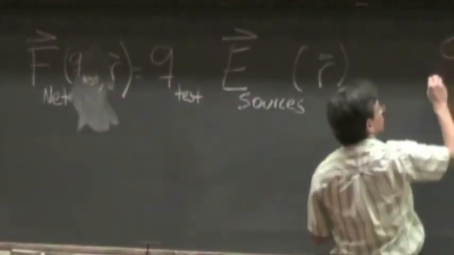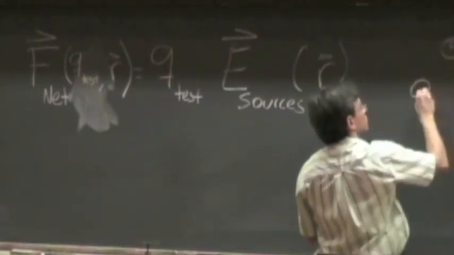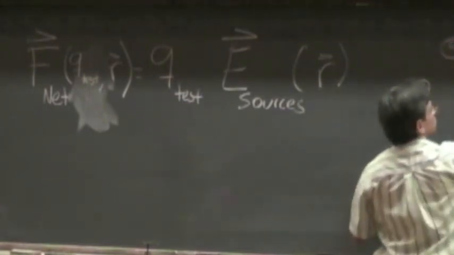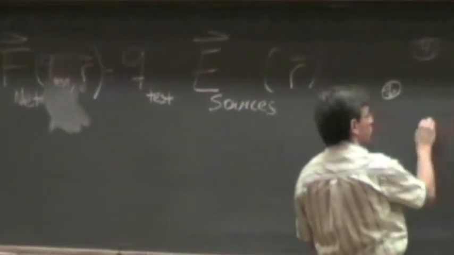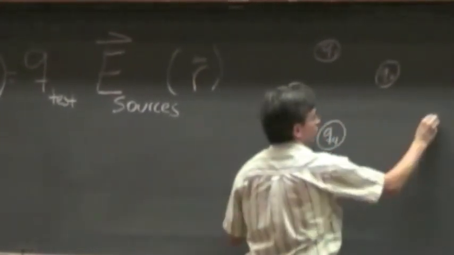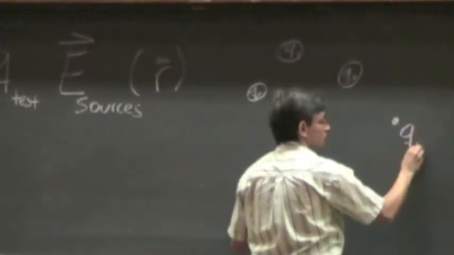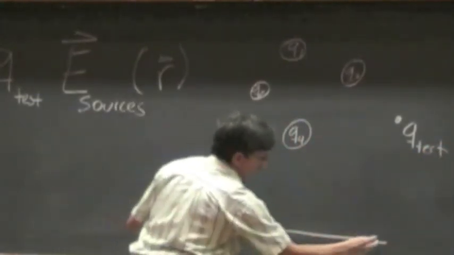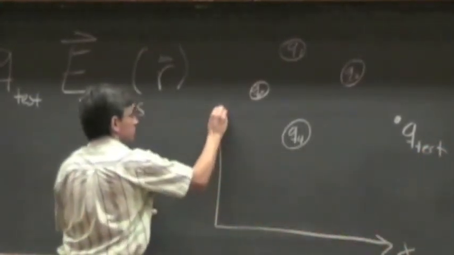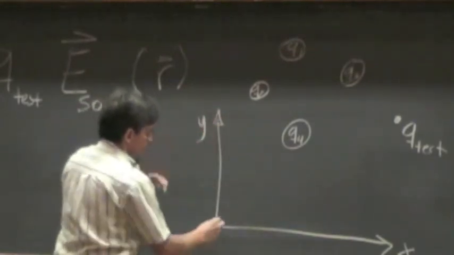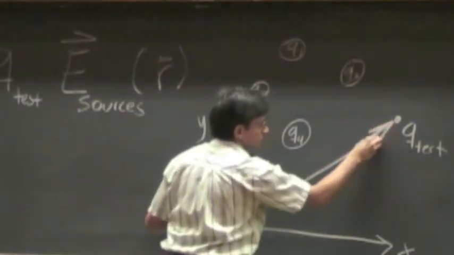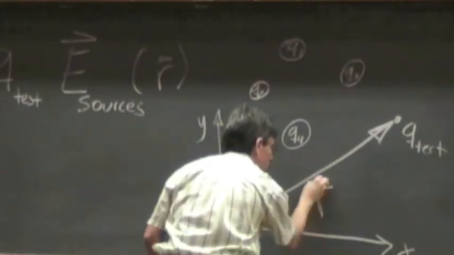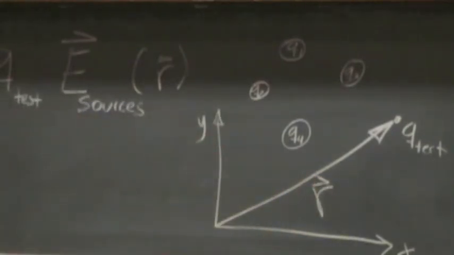So you have Q1, Q2, Q3, and as many charges as you have. And you're over here and you put your Q test right there. I'm going to define an axis here, set up a coordinate system, right? And this Q test is located by the vector r, right?